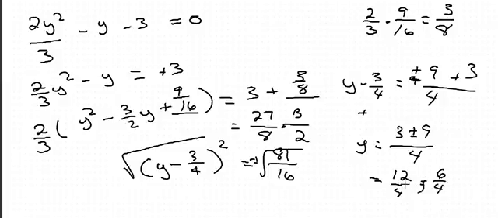Oh, 3. It's negative 6 over 4 too, right? Yeah. 3 and negative 3 over 2. I think. Yeah. Right.